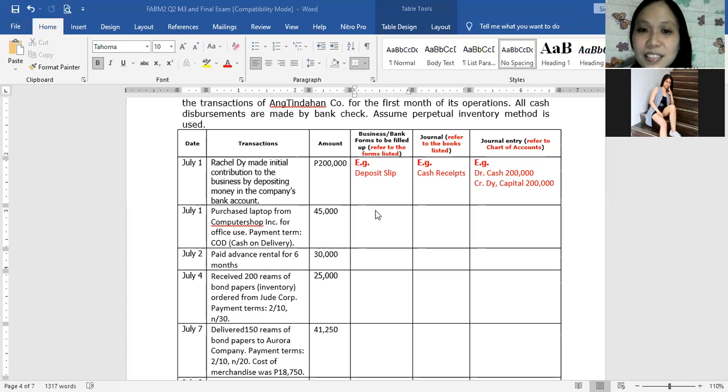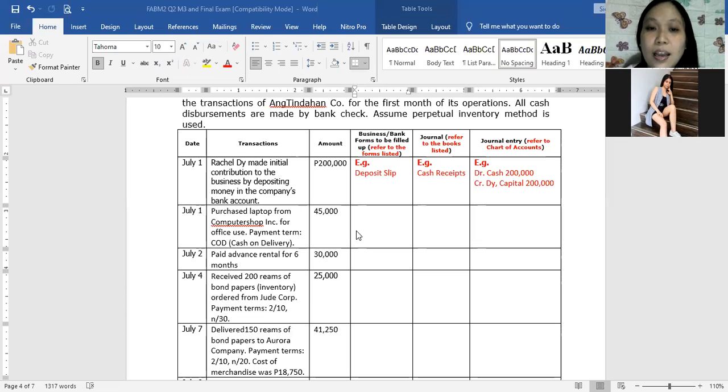Anybody? In one transaction, sometimes more than one form is needed. Some transactions need only one form, but sometimes there are other things you need to prepare. What else aside from the purchase order?